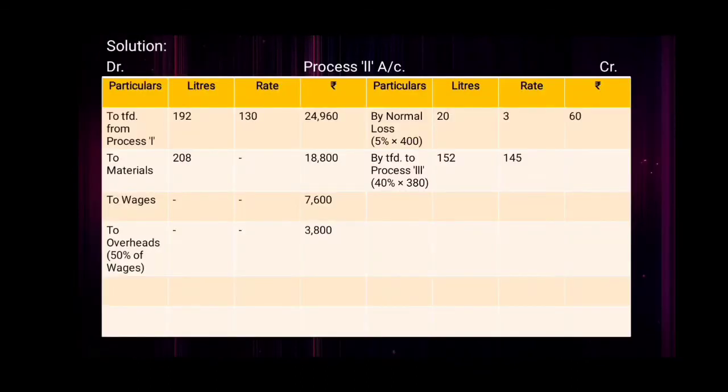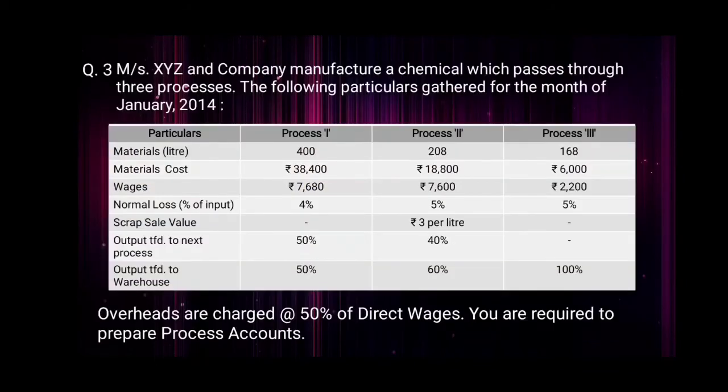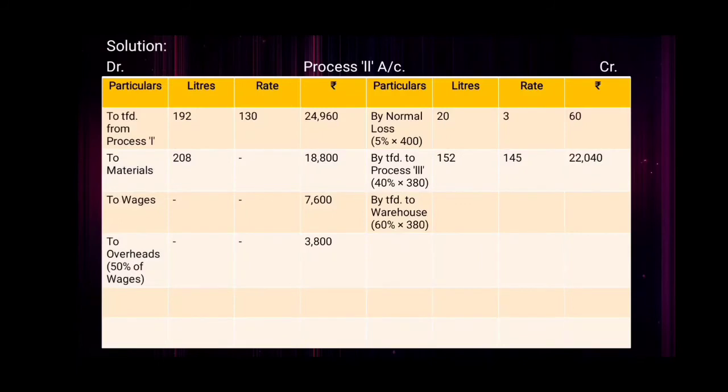So we'll record the rate amount 145. So the total amount will be 22,040. Now output transferred to warehouse. So for process 2 it is 60%. So we'll calculate 60% of 380.